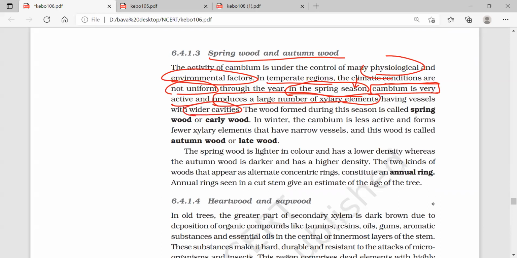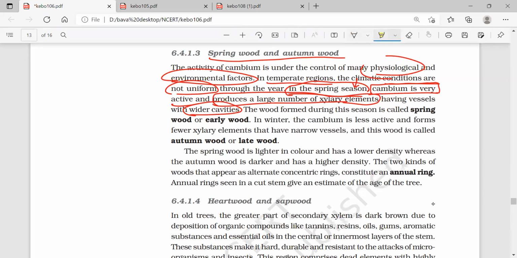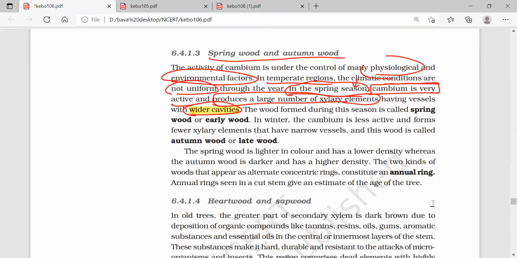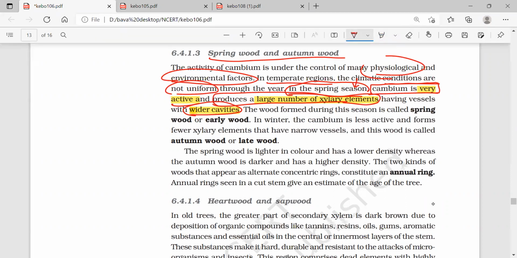Note down the term wider cavities. So these are the three keywords: cambium is very active, large number of xylem elements, and wider cavities. The wood which is formed during this time is called spring wood or early wood.